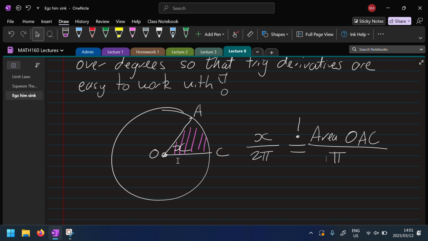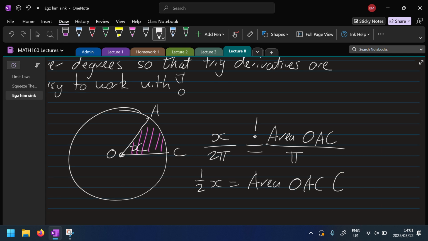Pi r squared. What's the radius? 1. At the beginning, the very first thing we did was draw a unit circle. So pi r squared, if the radius is 1, we get pi. These must be equal, it's the same ratios. So we get that 1/2 x is equal to area OAC. Again, this is just the pizza slice.